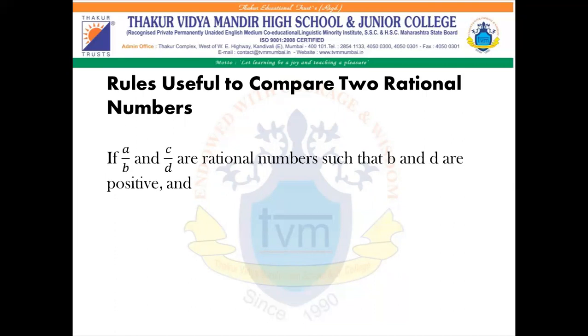If A upon B and C upon D are rational numbers such that B and D are positive, and if A into D is smaller than B into C, then the first rational number, that is A upon B, is smaller than the second rational number, that is C upon D.